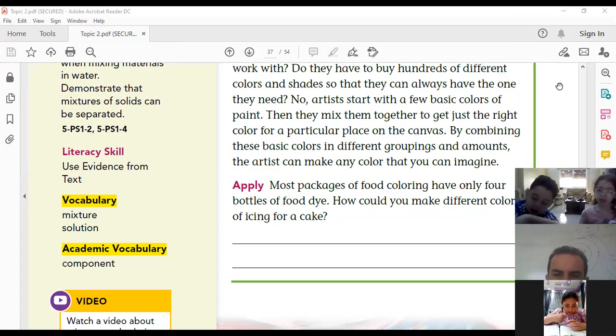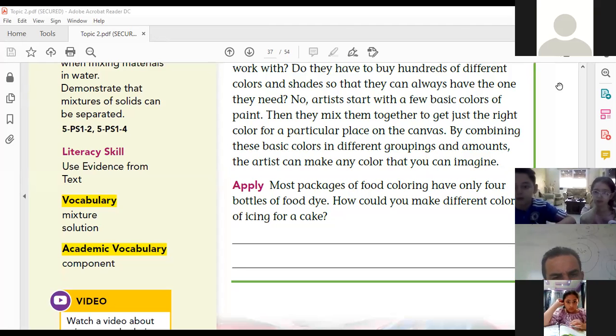Teacher, we can use it when we mix the colors all together. Yes. Who likes to answer also? Okay, Salim. By combining the colors with each other.